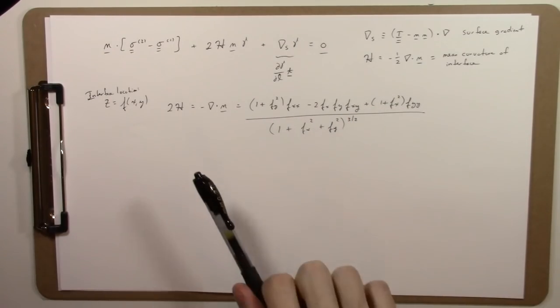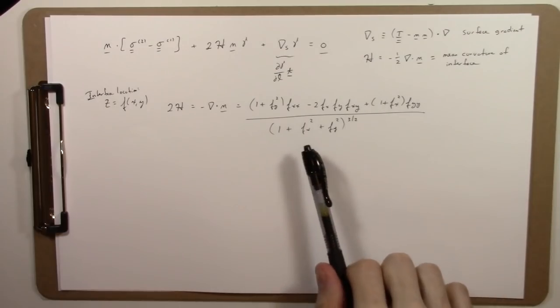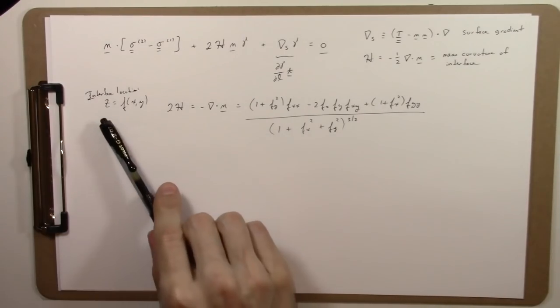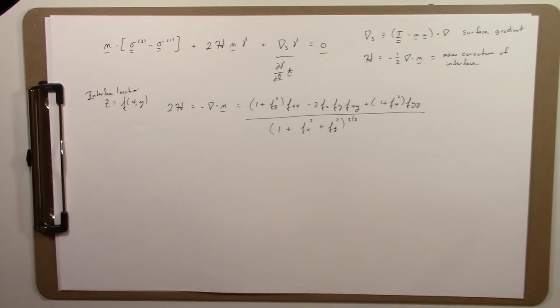So this is how one would calculate the mean curvature of the interface for an interface that's defined as z is some function f of x and y.